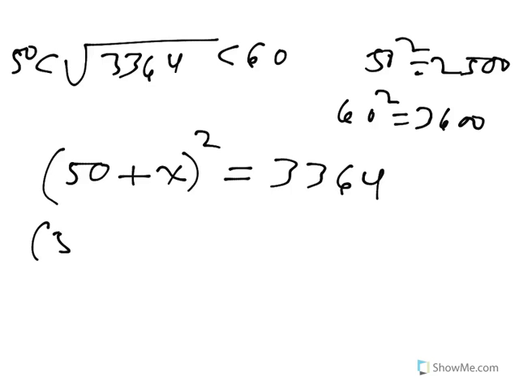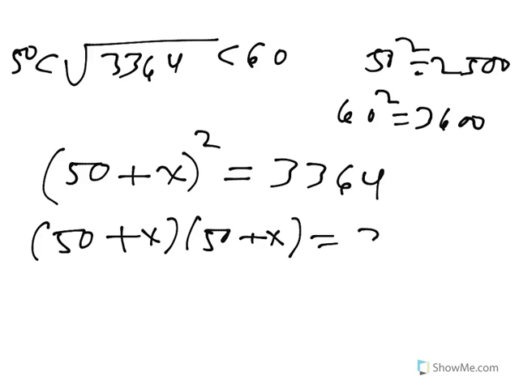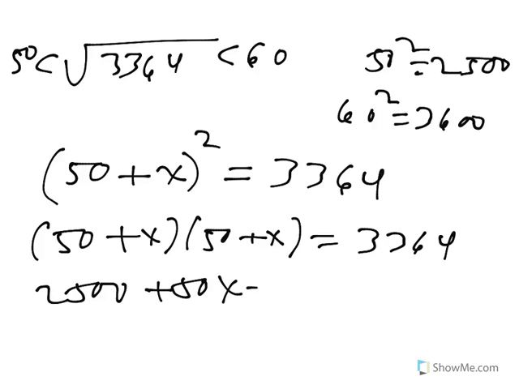Using some multiplication of polynomials from algebra, this thing will become 2500 plus 50x plus 50x plus x squared equals 3364.